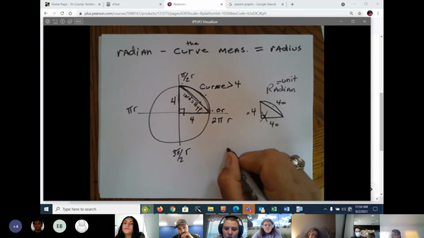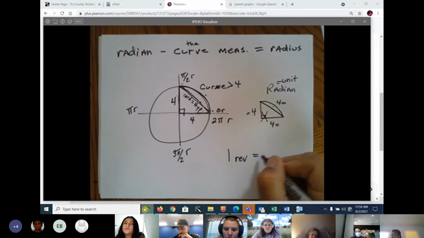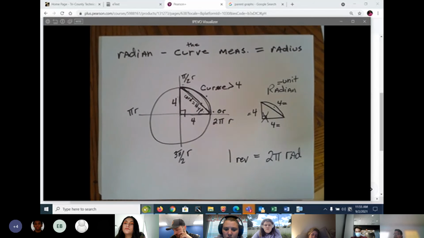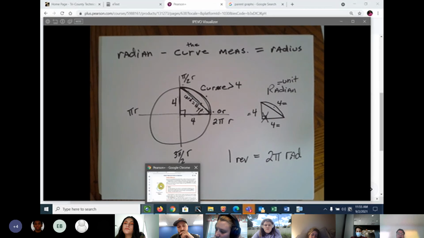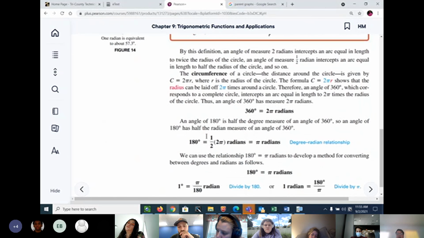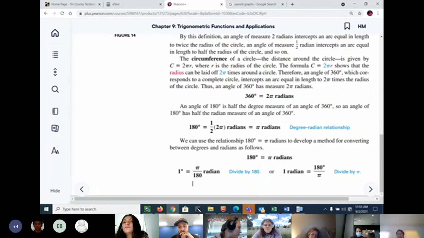Yes, that's right. The curve is always the longest. And that's what they're going into with your second part right here. And these are very important.